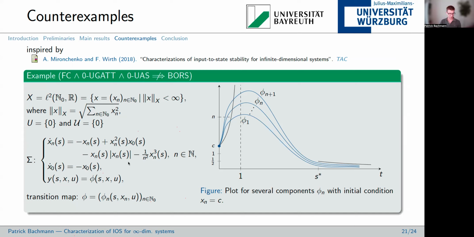Namely, we introduced this term here. So this is an infinite dimensional example, with infinitely many components and in L2 space. And we also have the zero component, which should somehow encode time.